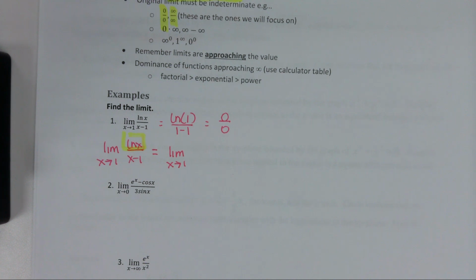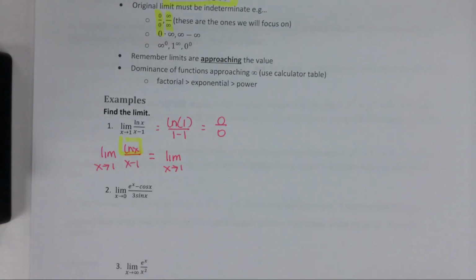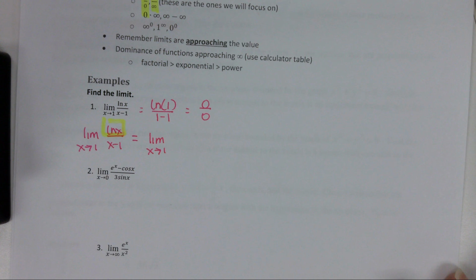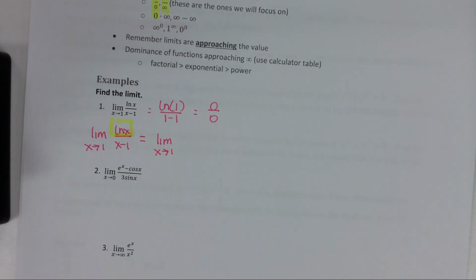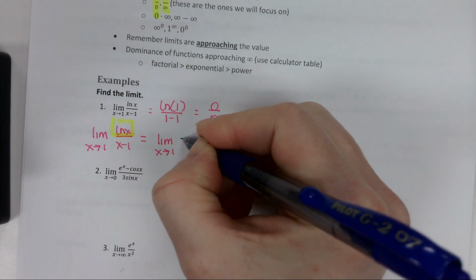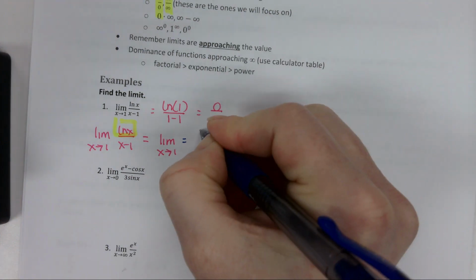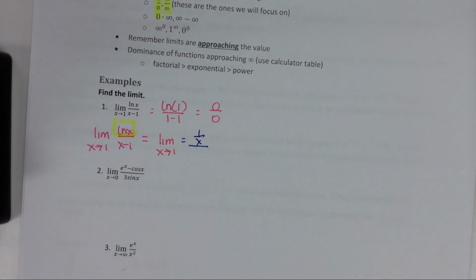Now remember this is L'Hopital's rule. This isn't the quotient rule or anything. We are assuming we know that this is true. You're going to just trust me that if I don't have a form I can determine the limit, I can take the derivative of both things. You do have to write this statement though. The limit, and you show me the derivative, is 1 over x. What is the derivative of x minus 1?